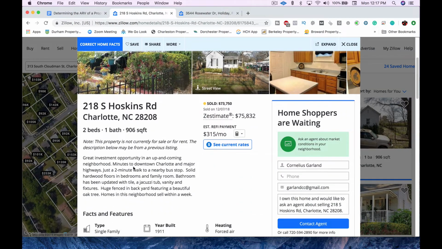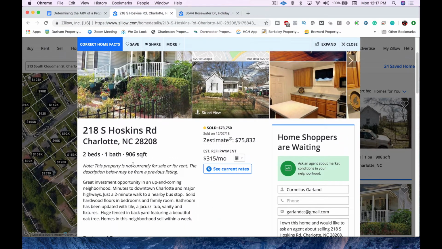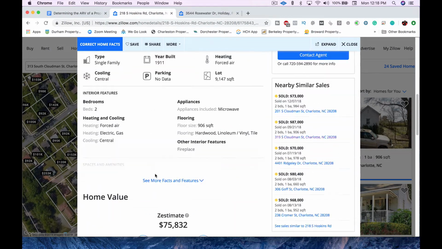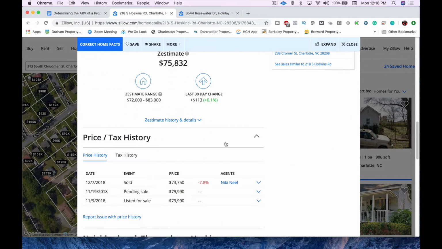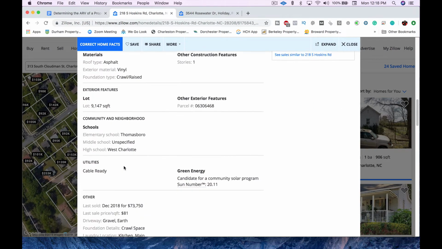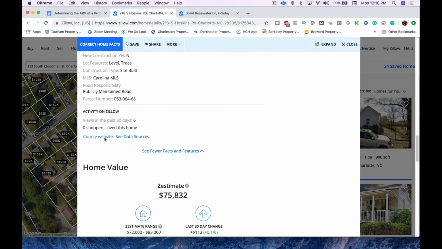All right, this is a nice property, but look at the description here. Great investment opportunity. Who do you think bought this? A regular homeowner or an investor? Probably an investor. Let's actually go to the county records and see if an investor bought it. And we could just find that out by clicking the county website here.